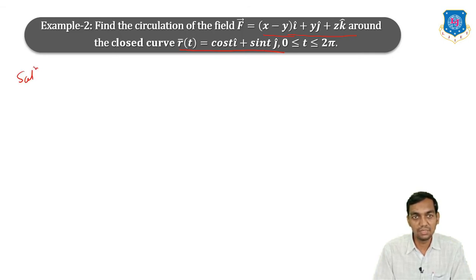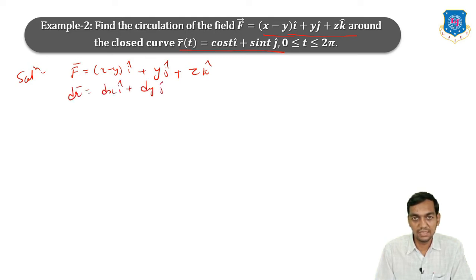Now if you are starting with the solution, first, F bar is (x minus y) i plus y j plus z k, and dr is dx i plus dy j plus dz k.